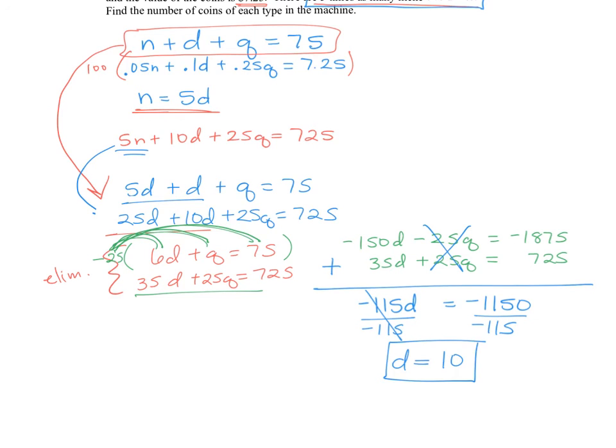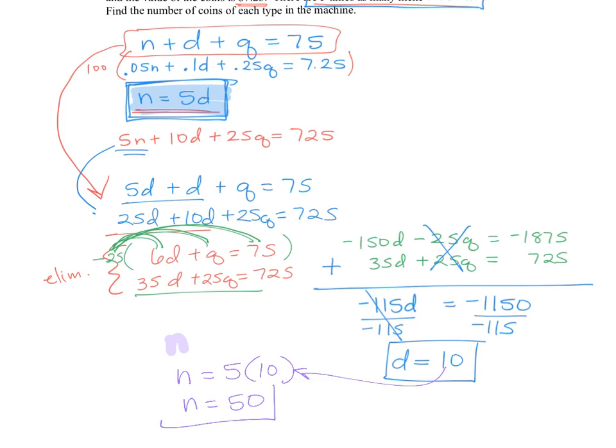Now go back up to where we started. We said n equals 5d. So I can find n right now because n is equal to 5 times my d, which is 10. So n is 50. Now I have n, I have d, I just need q.